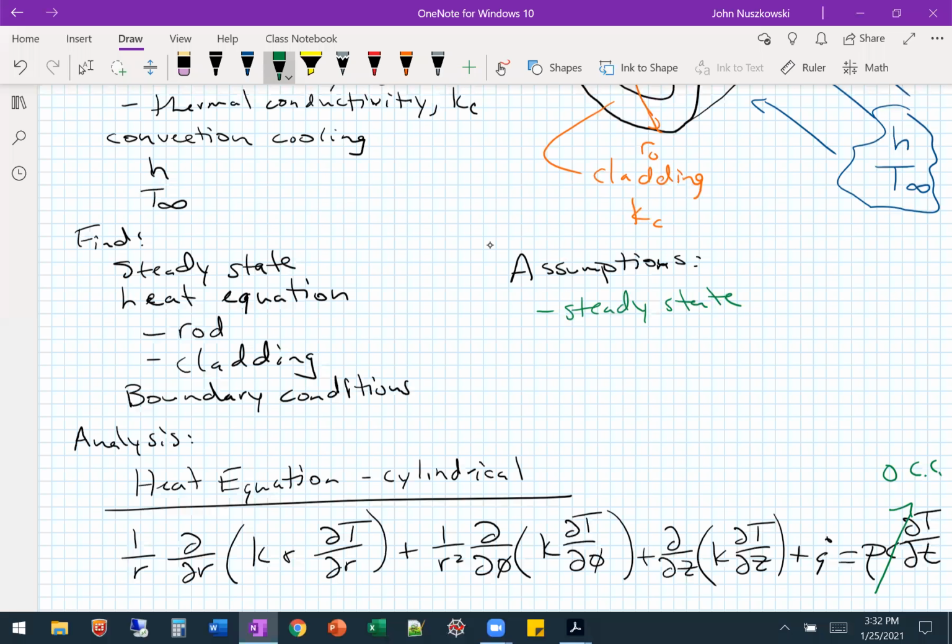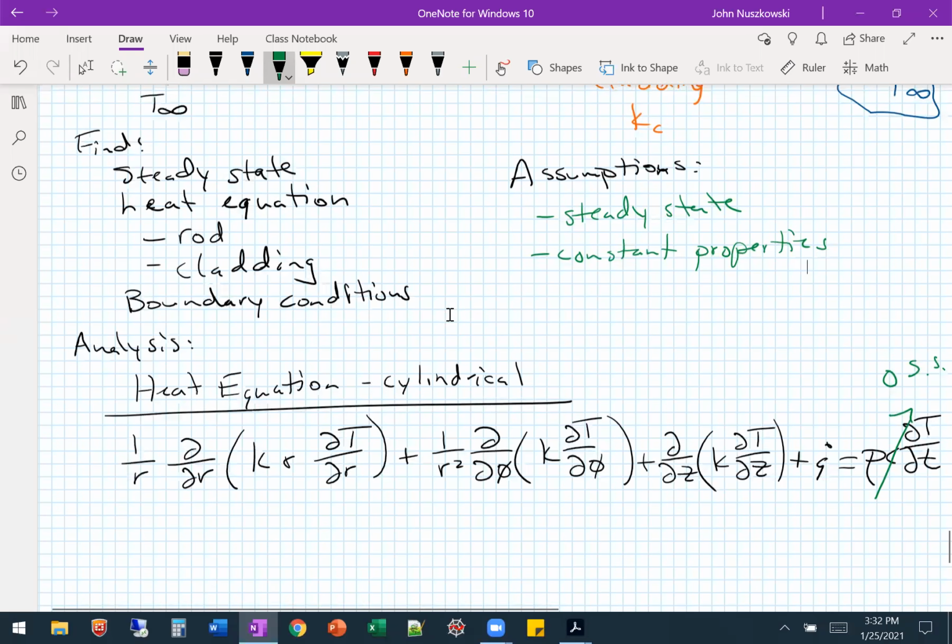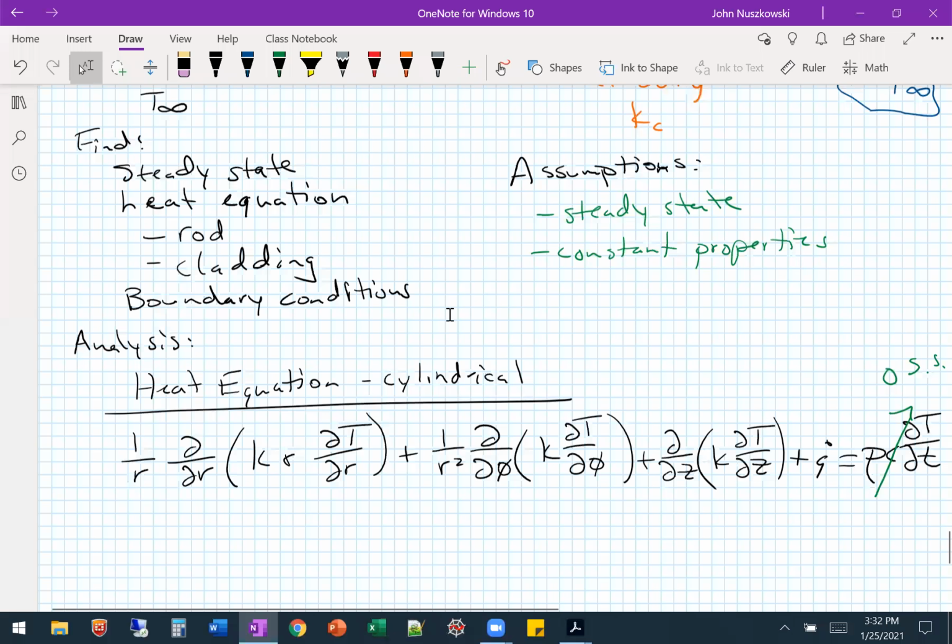Let's first, what is this? Convection cooling. Steady state. Can we do constant properties then? So constant properties, yeah. Anything else? To simplify this problem, 1D.